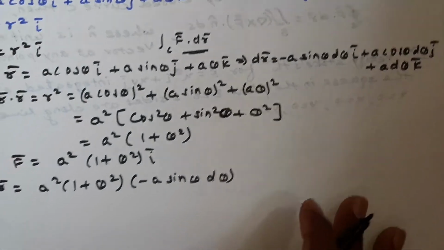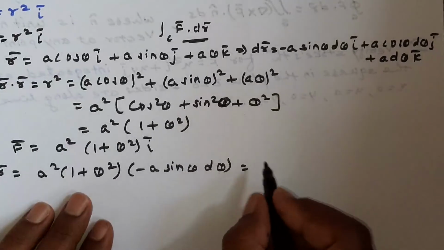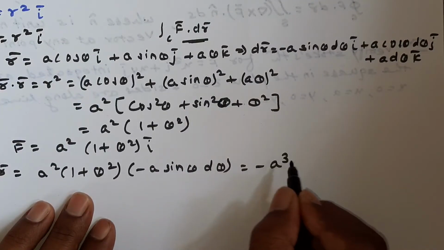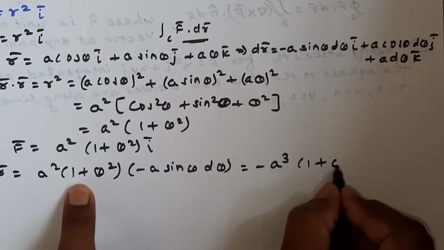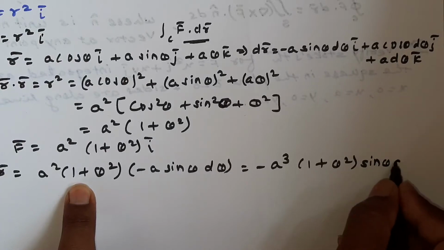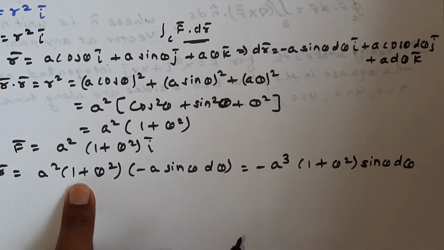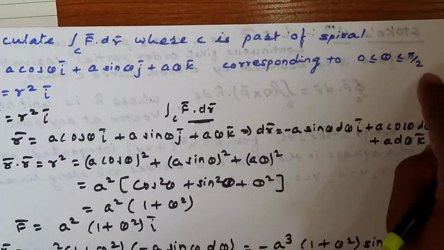Others are 0 because there is no such term in F bar. So our answer is minus a cube, correct, 1 plus theta square into sin theta d theta. And our limit is from 0 to pi by 2.